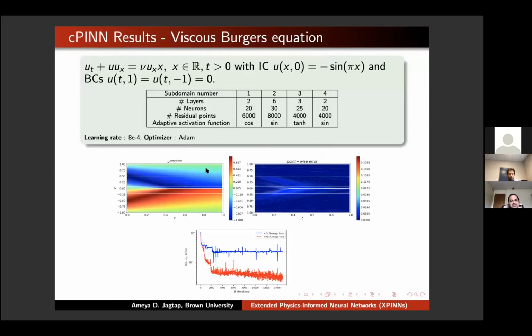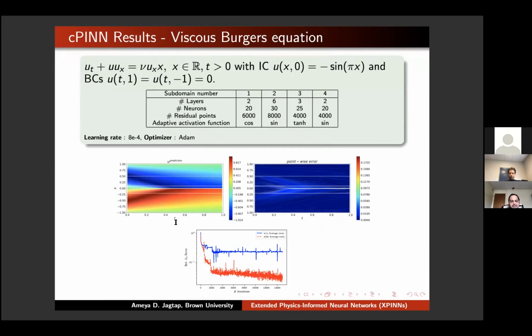Okay, so let's see one example. So it's a viscous Burgers equation, the one-dimensional viscous Burgers equation. And we have an initial condition which is very smooth, and these are the boundary conditions here. So we are dividing the domain into four subdomains here, 1, 2, 3, and 4 slices along the t-axis.